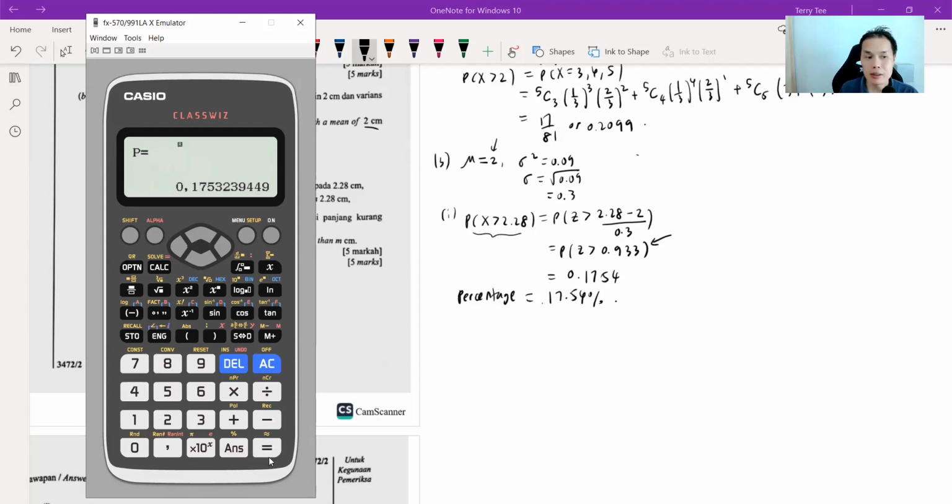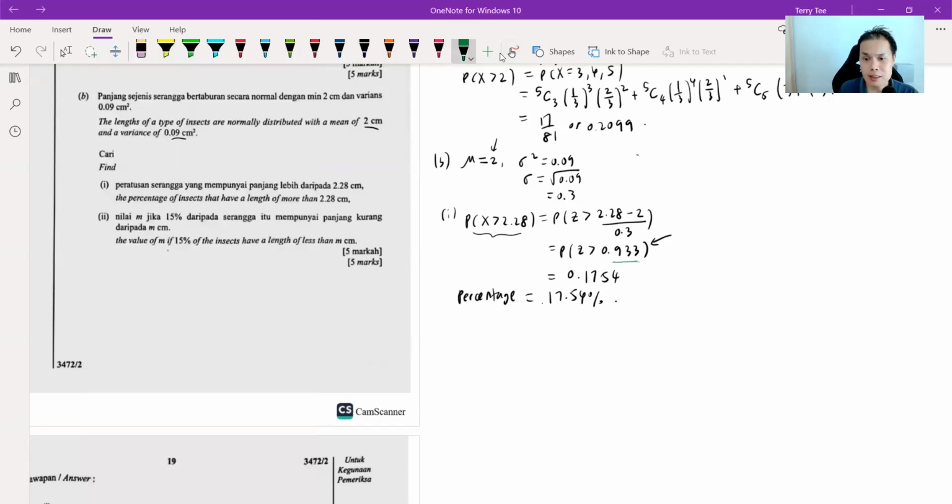I get the same answer, 0.1753. Notice that sometimes there's a slight difference. Actually, this answer is more accurate because we rounded off earlier, correct to 3 decimal places, which is not as accurate.